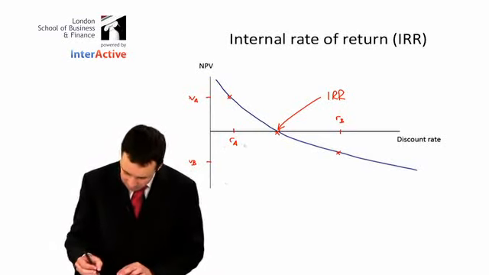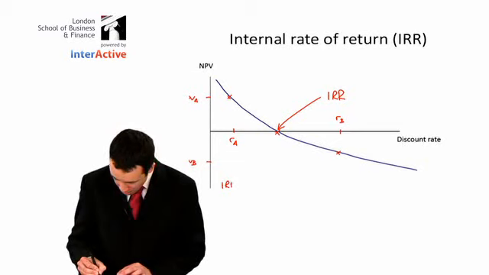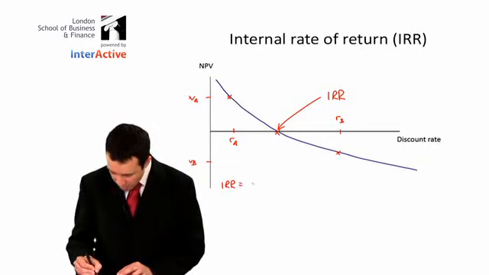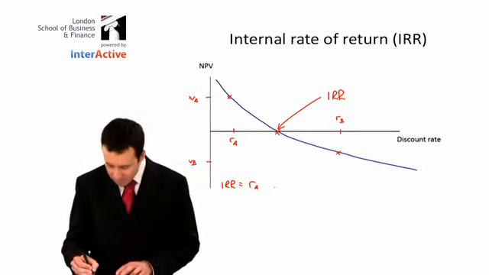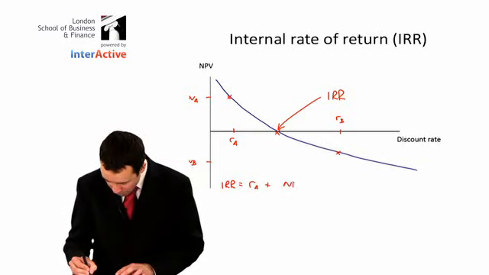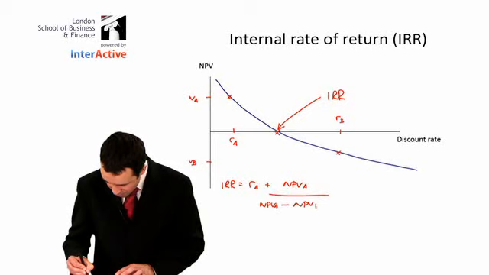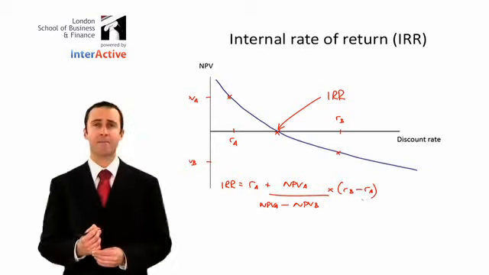Once we've done that, we can work out our internal rate of return. Our IRR takes our first guess at discount rate A, then we add on NPV-A divided by NPV-A minus NPV-B, multiplied by RB minus RA.